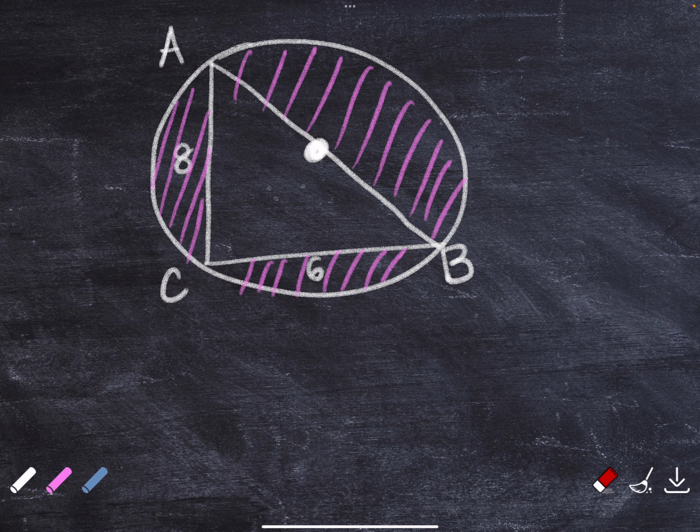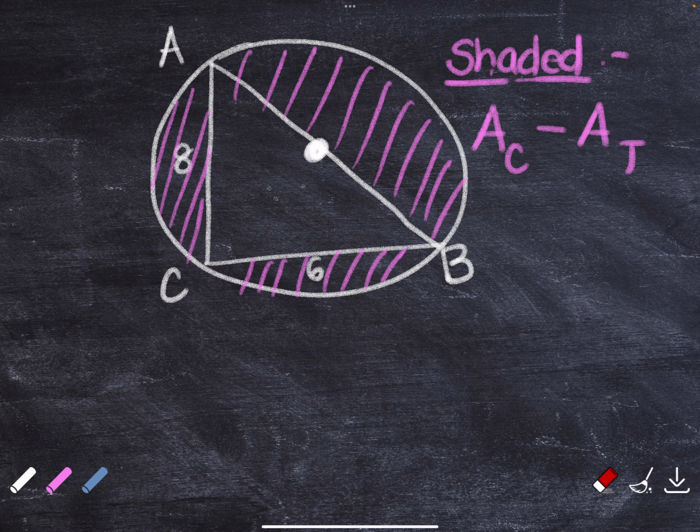So from here we can say that the area of the shaded region can be the area of the circle minus the area of the triangle. We know those formulas, but before we go to those formulas, I think I lost my diagram here, so let's quickly draw another diagram.